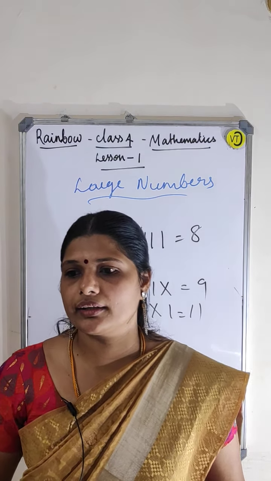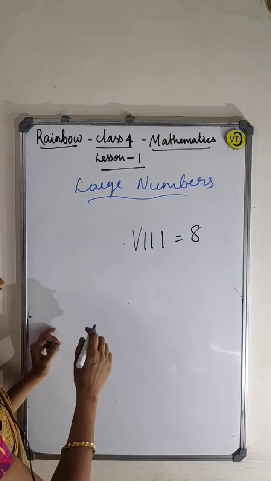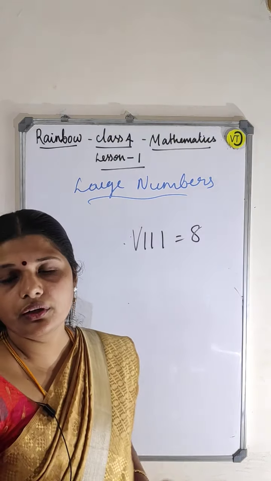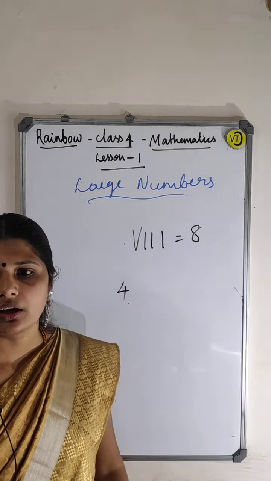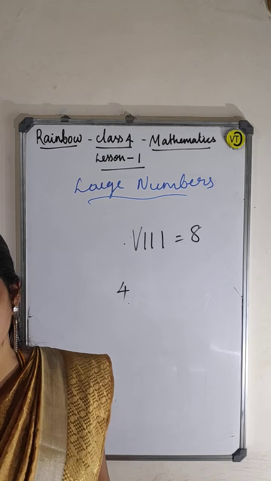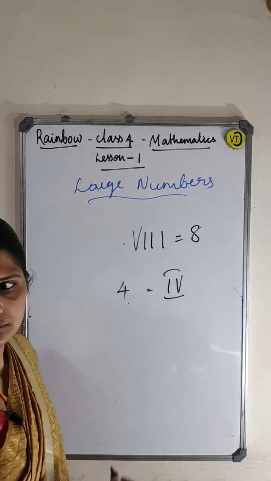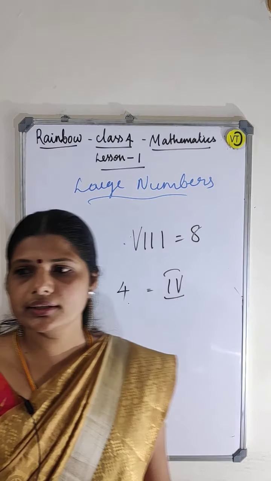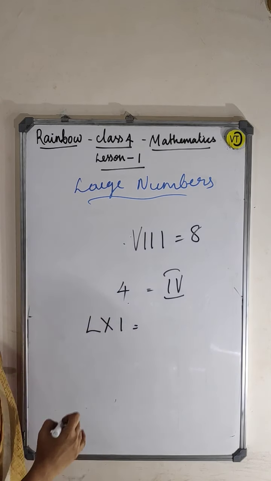Okay, one more good example I am giving now. How to represent this? What I told you, X is equal to 10, right? 4, how can you represent? What will be 4 here? 4 will be IV. Okay, what is meant by this one? LXI. What is LXI?